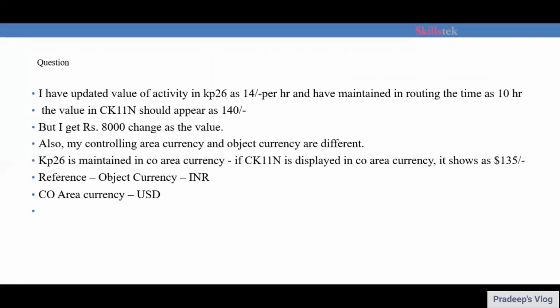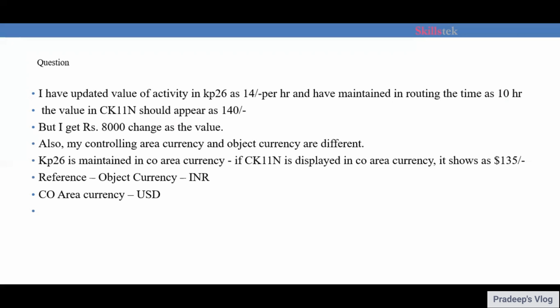Here the scenario is about how to create plant cost calculations. As we know, in cost calculations we have a material component and an activity component. Let's take one example: there is one activity, and in the routing settings we have maintained the operation.